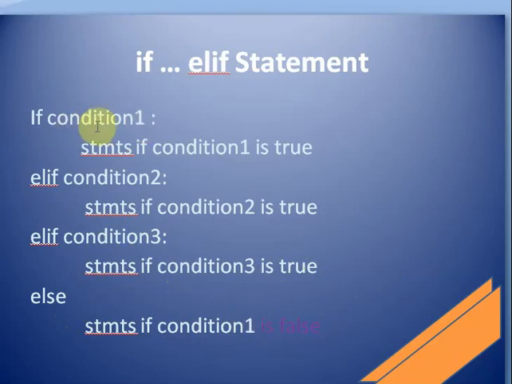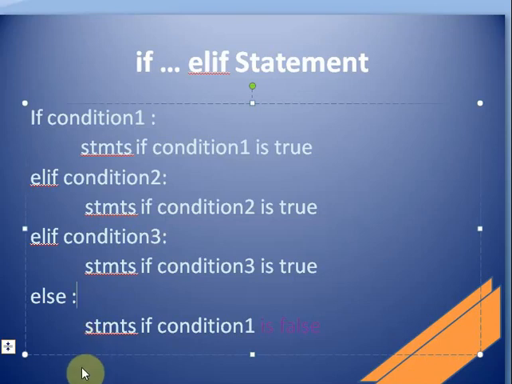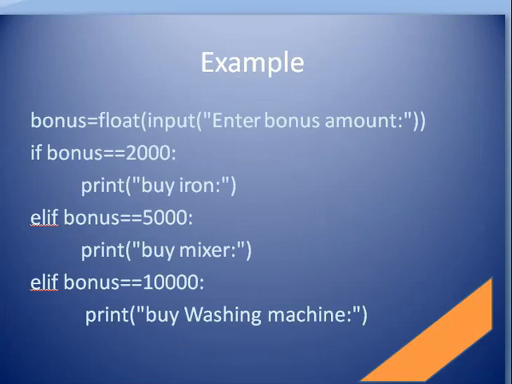Note, after condition there is a colon. Condition 1 colon, else if condition 2 colon, else if condition 3 colon, else here is also a colon. Okay. See the example. Bonus equal to float in bracket input in bracket enter bonus amount.